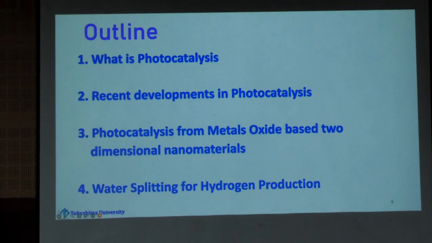So I will show you some examples of how these nanocomposite materials, ternary nanocomposite material, binary nanocomposite material, give better performance for photocatalysis. And fourth is water splitting for hydrogen production.